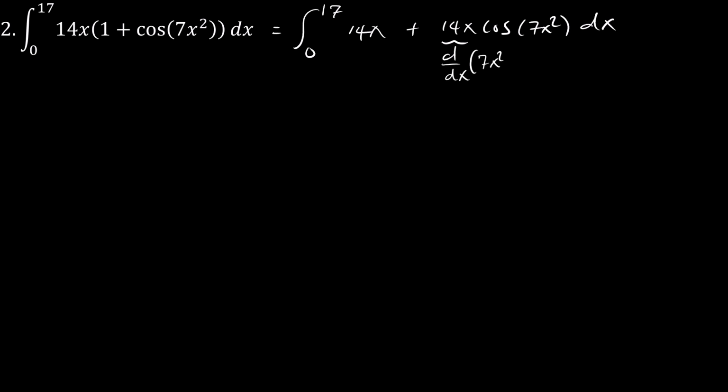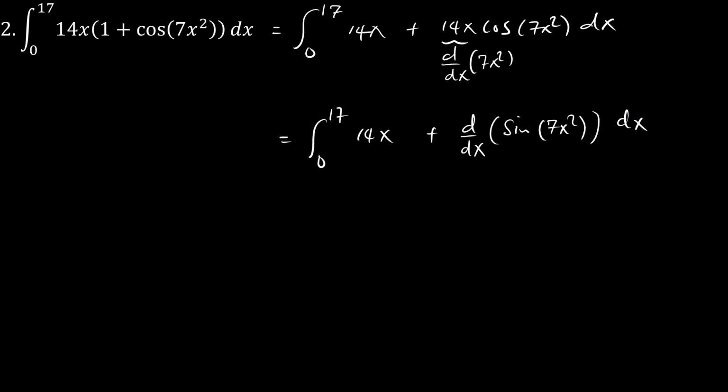7x squared. So borrowing from what we did from problem number 1, this is the same as the integration from 0 to 17 of 14x plus the integration of the derivative of sine of 7x squared. Right? Just borrowing from what we did in problem number 1.